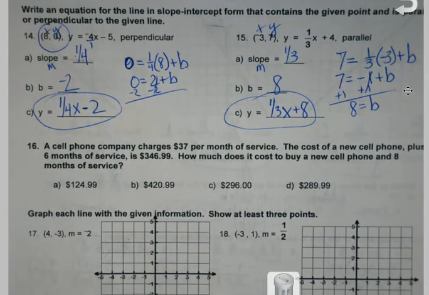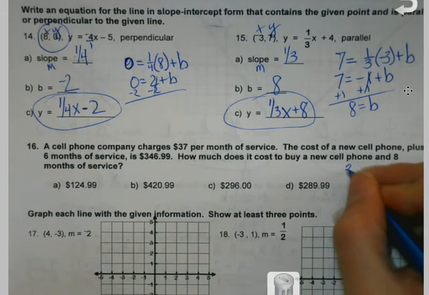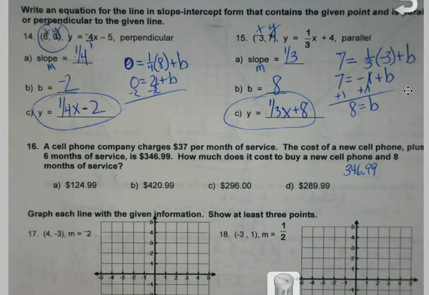The cell phone company charges $37 per month of service. Cost of a new cell phone plus 6 months of service is $346.99. How much does it cost to buy a new cell phone and 8 months of service? Okay. Well, for a new phone in 6 months was $346.99. How many more months does it take to get up to 8? 2.